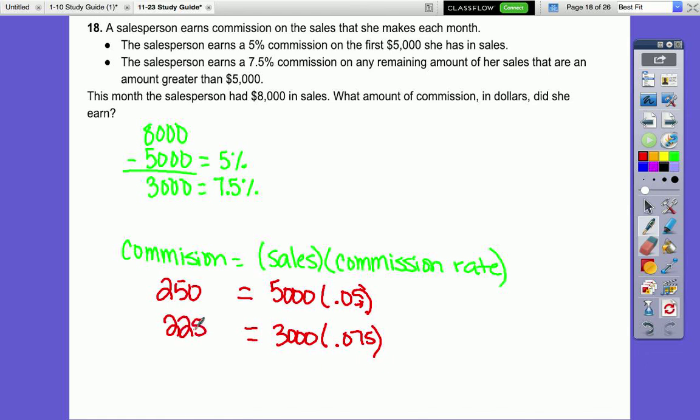Now it says what amount of commission in dollars did she earn. Got to add that up. So her total commission is $225 plus $250, which is $475.